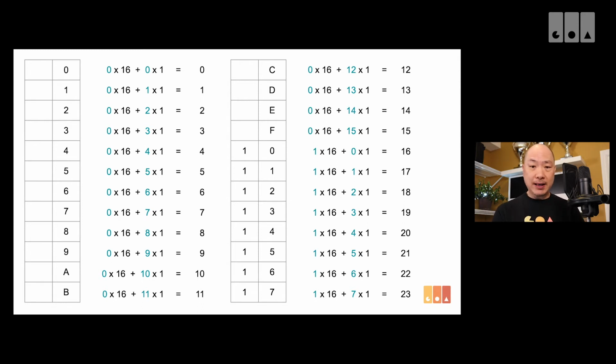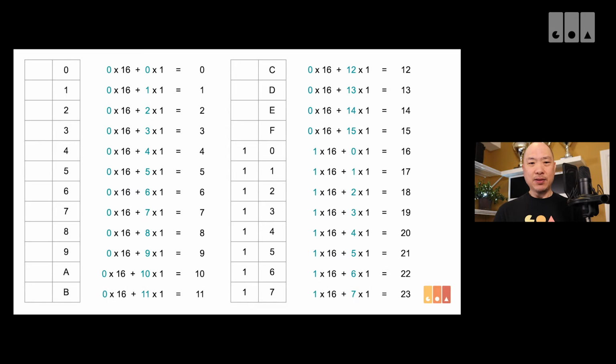Now we have 1 16 and 0 ones. So 1 16 and 0 ones gives us the value 16. So the number 10 in hexadecimal gives us the value 16. And so forth. Now 1 1 gives us the value 17. And all the way down to 1 7, it's 1 16th and 7 ones, which gives us the value 23.